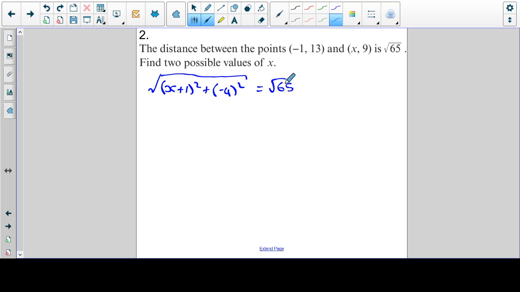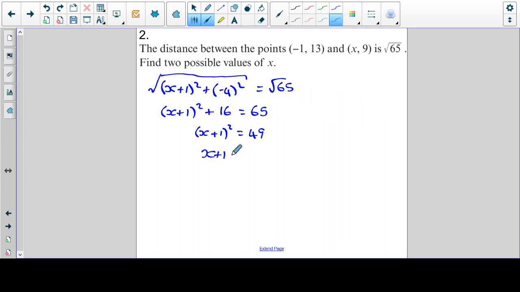square root of 65. So if we square both sides, we get rid of the square roots. Change that to 16 now, and 65. So I just need to solve this. So we subtract 16. We're square rooting next.